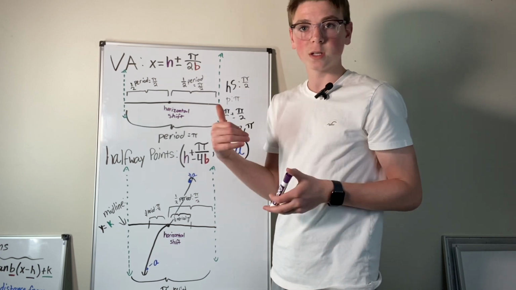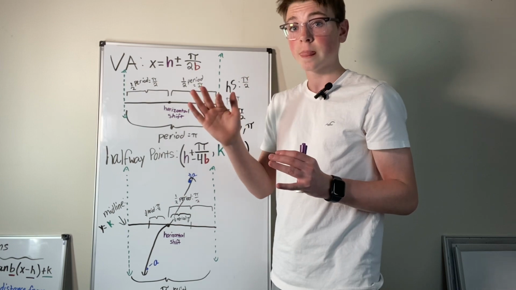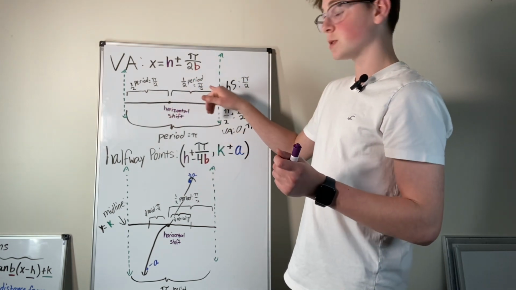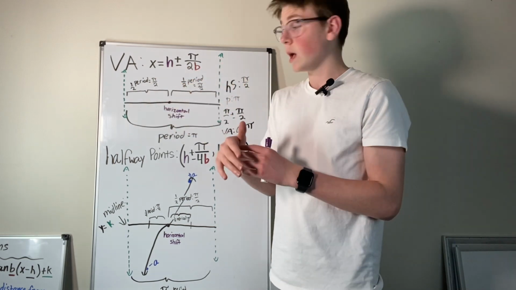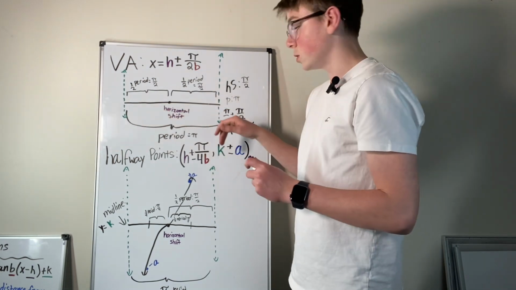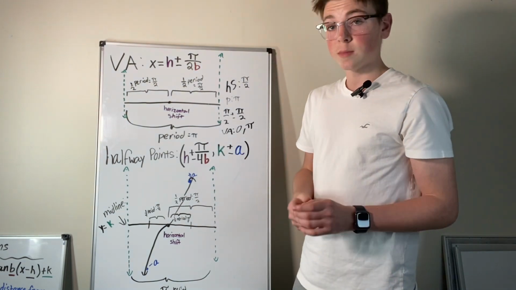So if your period's pi over 2, then the middle point to an asymptote is pi over 4. So all you do is take the horizontal shift plus pi over 4 and minus pi over 4, and that'll give you your two asymptotes. And just remember that from minus pi over 4 to pi over 4 is pi over 2. Just make sure you keep that same period.